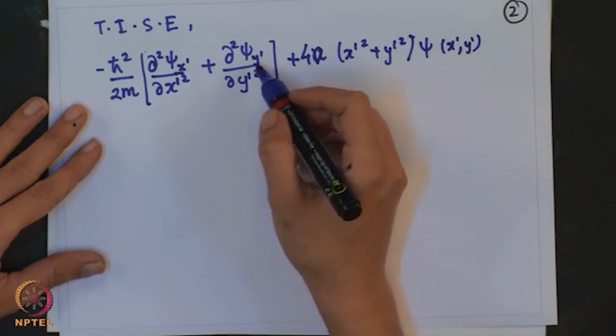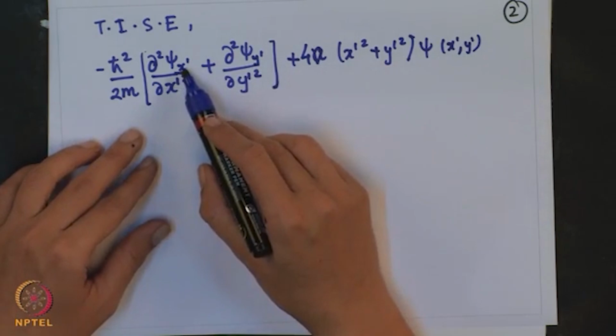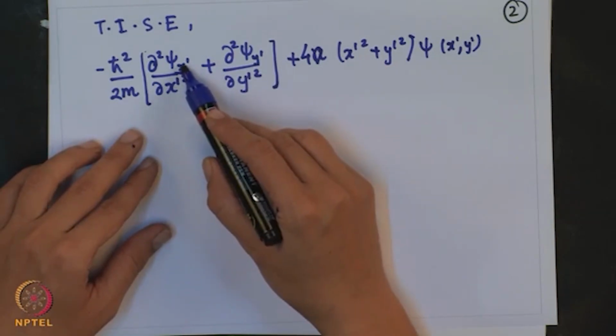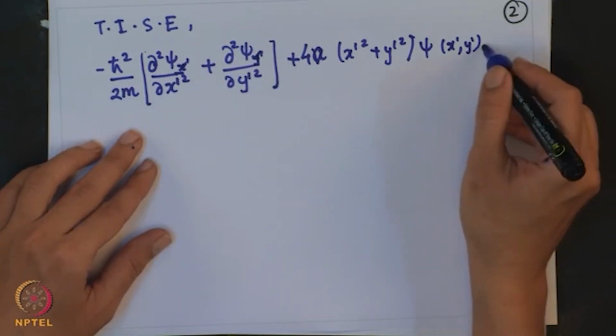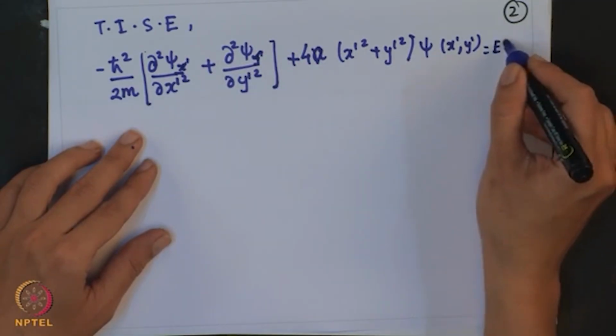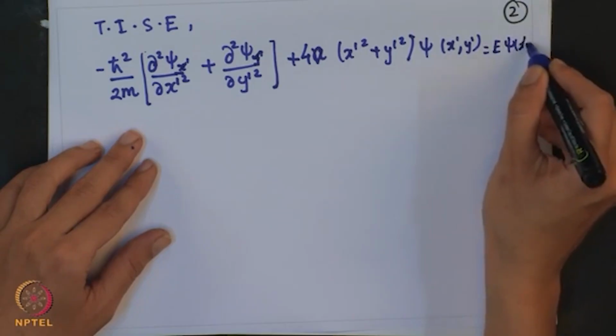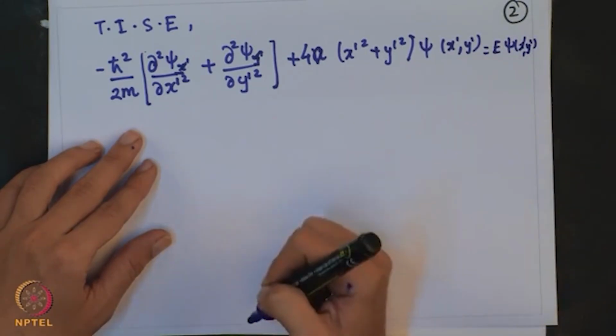Okay. In the latter step we will write separation of variables, so at that time we will write the subscripts, that will be better. That is equal to E psi of x prime, y prime. Okay.